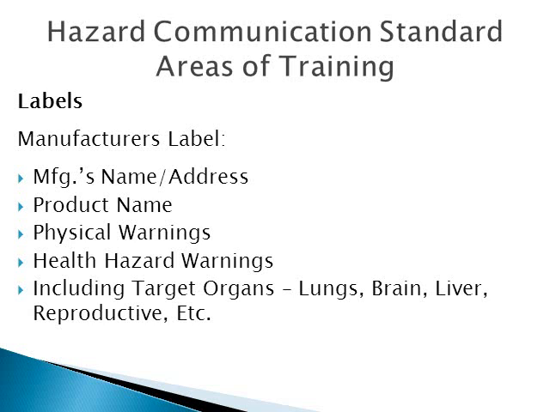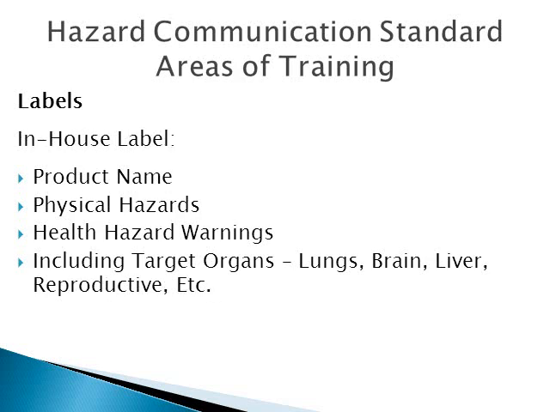Individual containers of chemicals used by employees must have labels present that disclose similar information, either provided by the manufacturer or done in-house, and are required to provide the product name, the physical hazards, health hazard warning, and include any possible side effects that exposure may have on bodily organs.